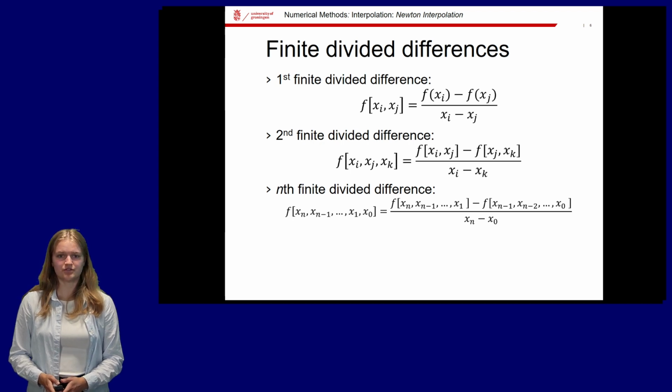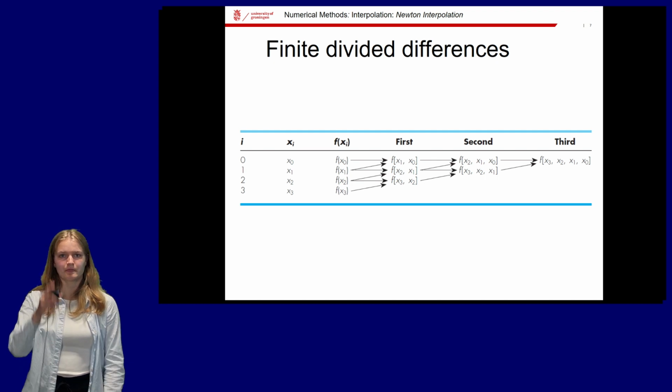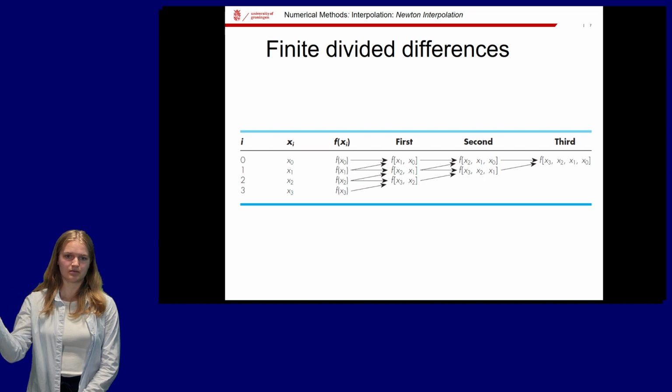So this recursive nature is presented here in this table as well. So you can see the values of the independent variable x and the dependent variable f of x are given in the second and third column, and then you calculate the finite divided difference in each step using the last ones.